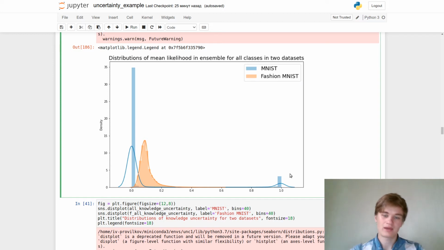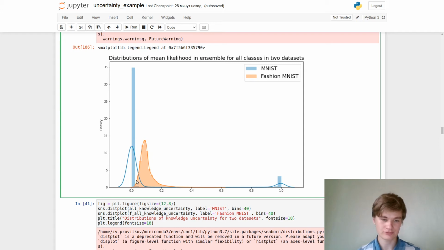We have confident predictions with high probability for some classes that our ensemble understands as true classes. These are predictions of the true class for our in-domain data, and we have very low probability for all other classes. So this means that in general in-domain predictions of our ensemble are very sharp.